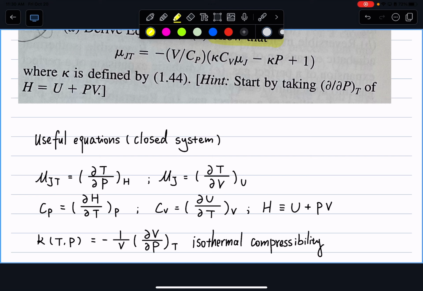So these are the calculus rules we're using to rewrite this relationship into, first of all, the partial derivative of U with respect to P at constant T, plus P times the partial derivative of V with respect to P at constant T, plus V times the partial derivative of P with respect to P at constant T.